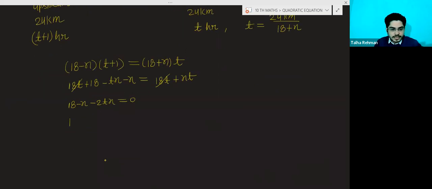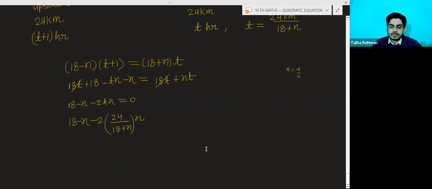So we will get 18 minus x minus 2. What is the value of t? 24 divided by 18 plus x into x. This is equal to 0. So now further we will solve it.